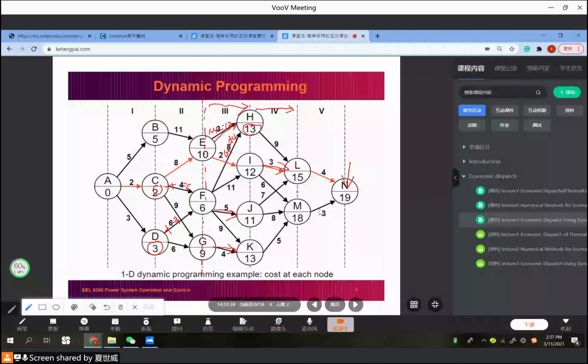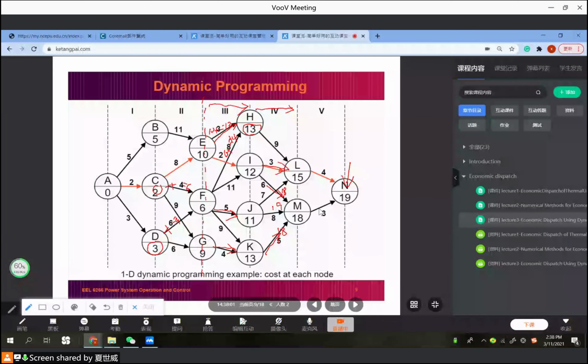Okay. For M, there are also 3 possible paths. If you travel from I to M, it will be 18, because 12 plus 6. From J to M will be 19. From K to M will also be 18. So there are 2 possible paths here.